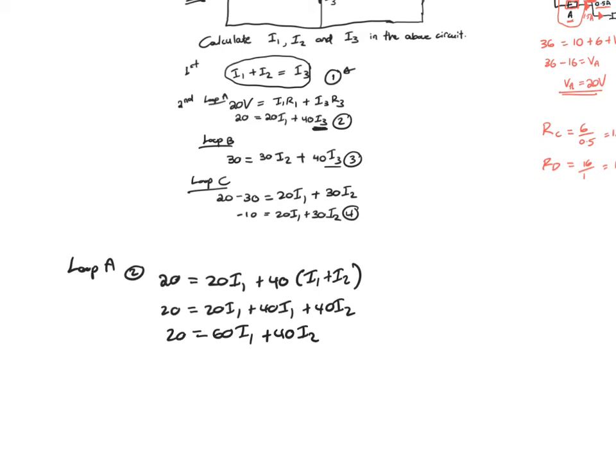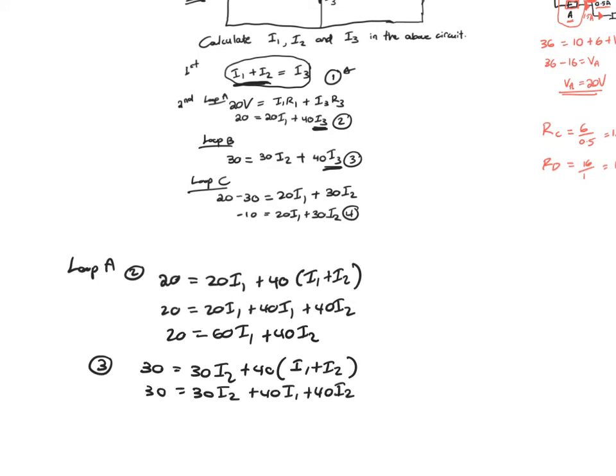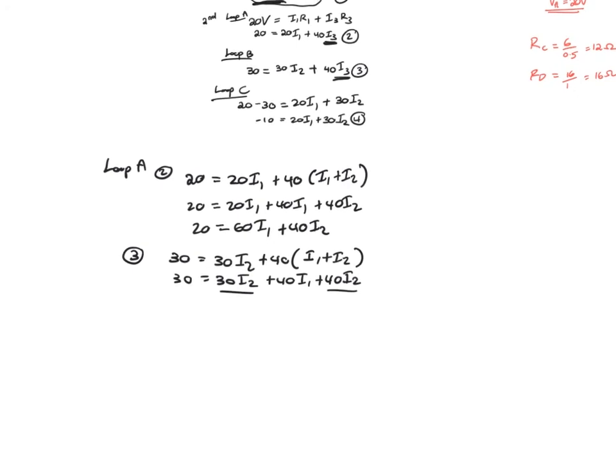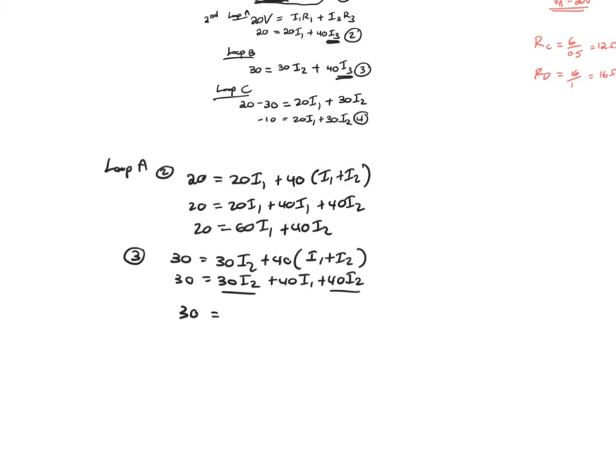Then if I look at loop B, so equation 3, it will become 30 is equal to 30 I2 plus 40 times I3, which needs to be replaced here by I1 plus I2. So I will combine the common values, which is 30 is equal to 70.